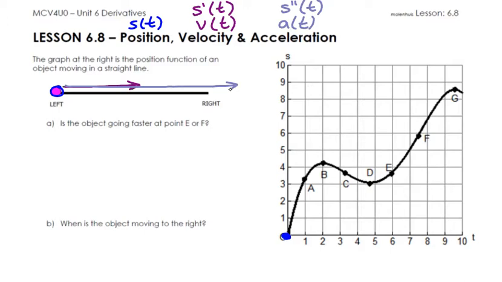I want you to understand this graph a little bit more first before we get into trying to answer any of the questions. So this is a position time graph. For example, if time was 1 second or 1 minute, why don't we just say 1 minute? At 1 minute, your object is going to be about 3.2 meters away.